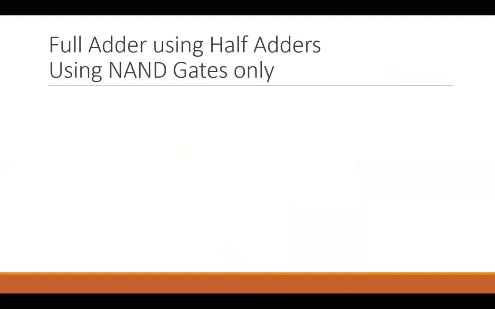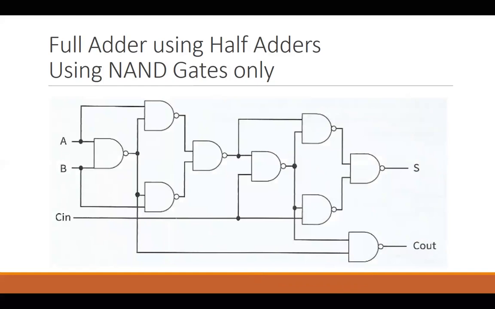And lastly, the way we make this circuit physically in computer is by using NAND gates only. We have replaced all the circuits with the NAND gates. The equivalent representation is there.